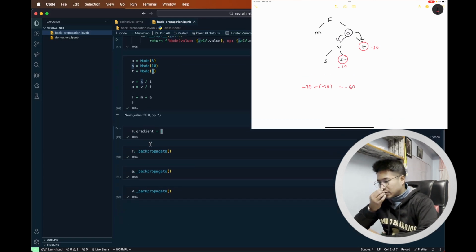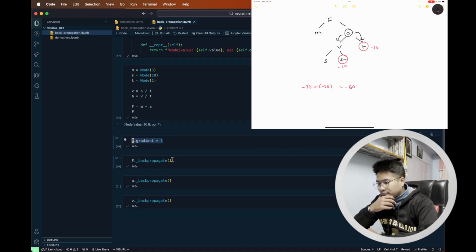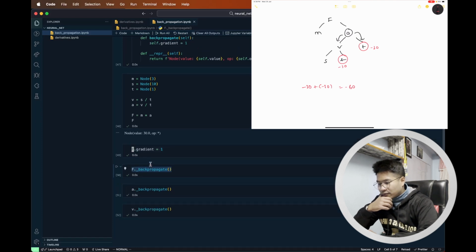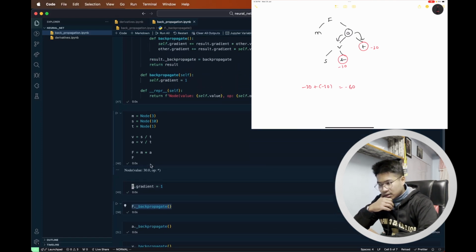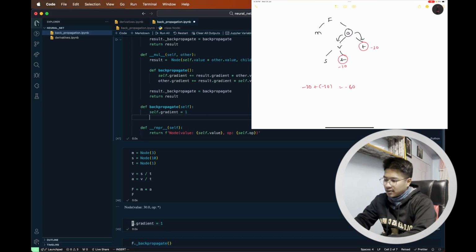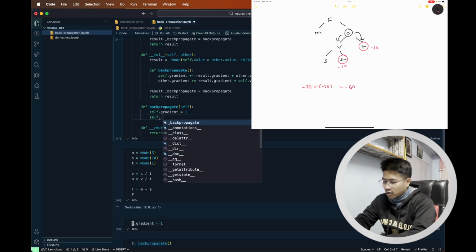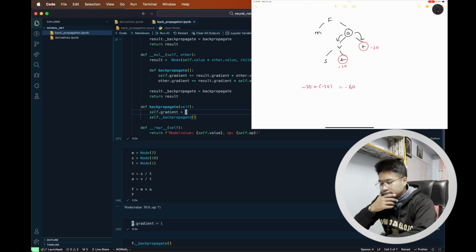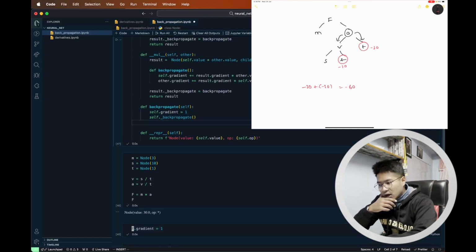That's the first thing we did over here. Next, I want to call this underscore backpropagate on the current node, and that would backpropagate for my children. Does that make sense? So over here I want to do a self.backpropagate.